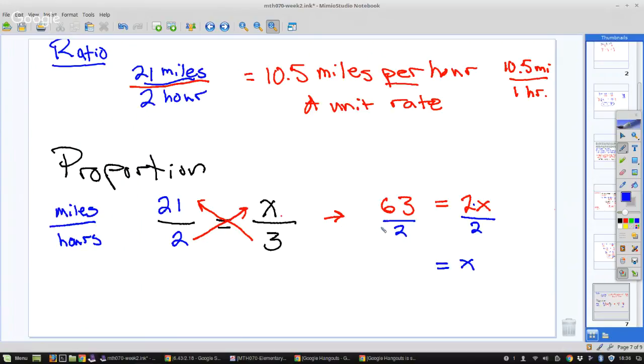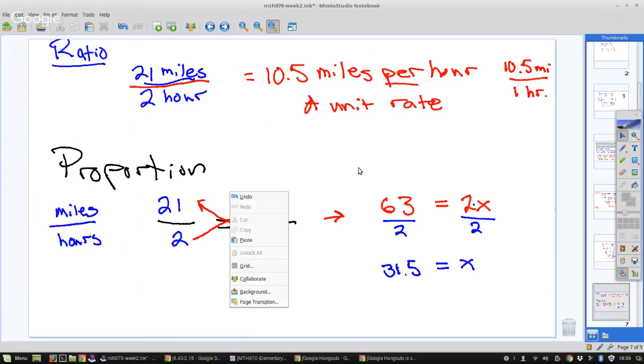So let's see, 2 goes into 6 3 times, 2 goes into 3 once, with 1 left over. 1 out of 2 is a half, 31.5. So here I would find that I can go 31.5 miles, which would be another 10.5 miles on top of the 21 miles. So that's one way to solve a proportion.